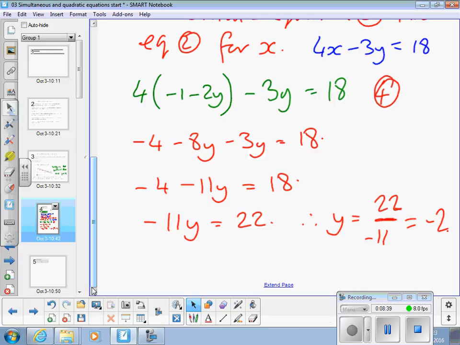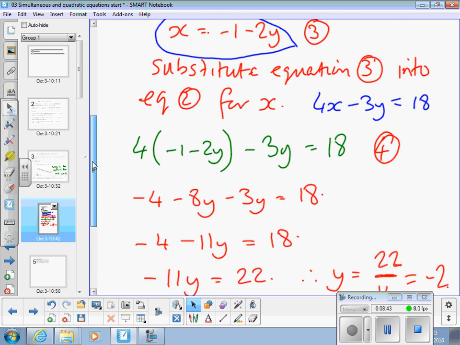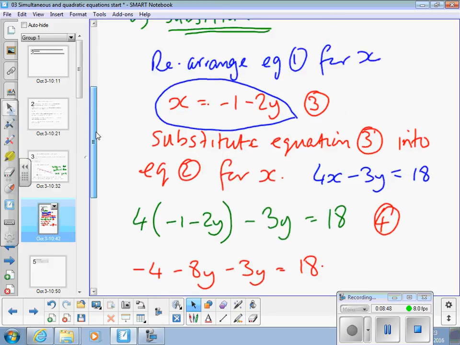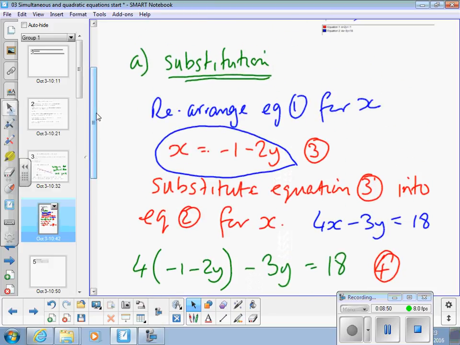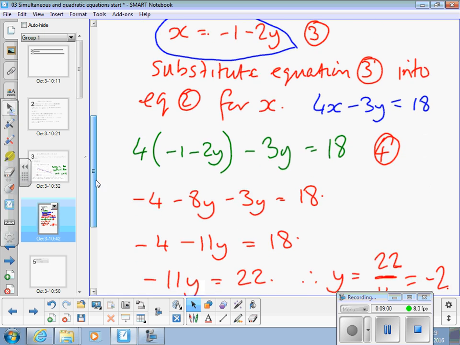How do we then find x? Yeah, so we substitute y is equal to minus 2 into any of the equations involving x, and then rearrange it to find x.